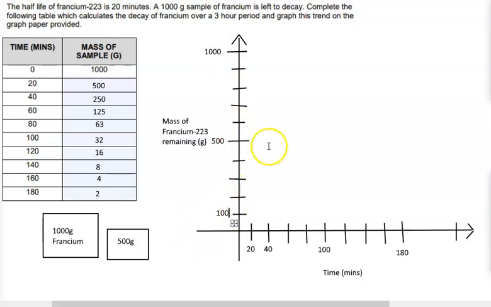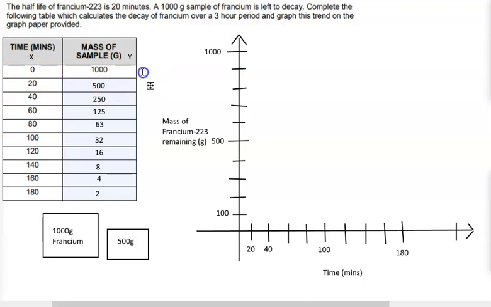Alright, the next thing we need to do is plot all our coordinates to make our graph. So remember that a table like this is an XY table, which you've been using to plot graphs for a couple of years now in maths. So the time is the X and the mass is the Y, which means each one of these pairs is a coordinate.